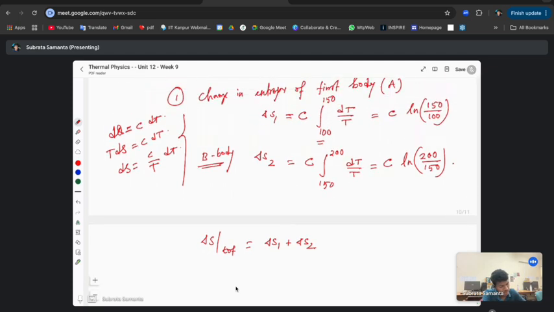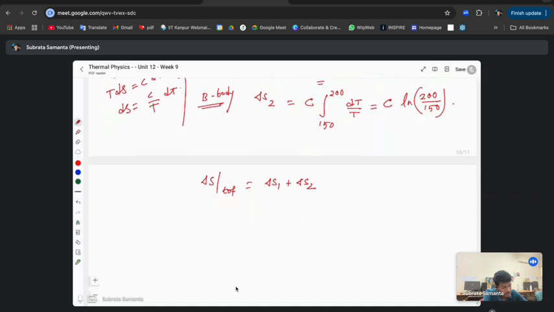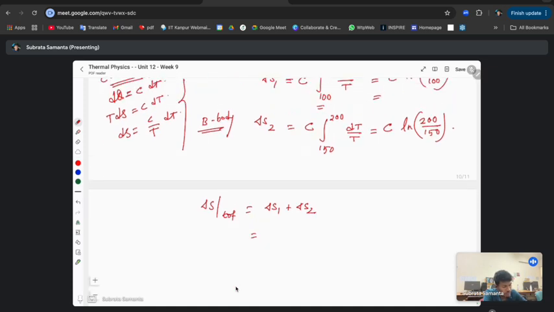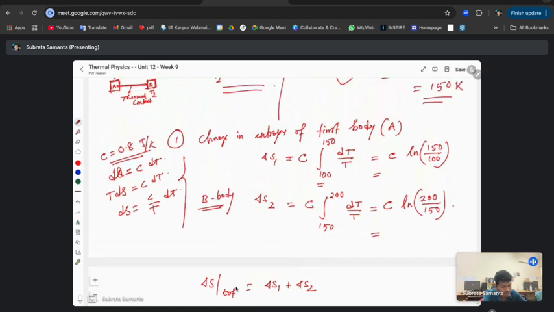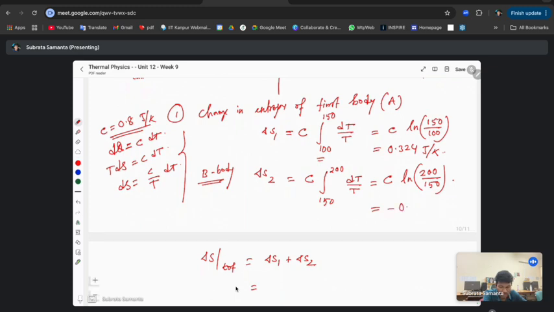Now we know the value of C is already given in the problem, 0.8 joule per Kelvin. So we calculate delta S1 plus delta S2. Delta S1 is 0.324 joule per Kelvin, since C times the log, which is dimensionless, gives joule per Kelvin, and delta S2 is minus 0.230 joule per Kelvin.